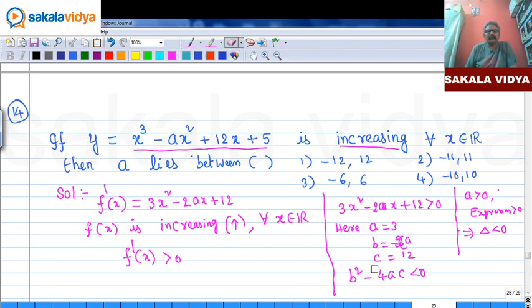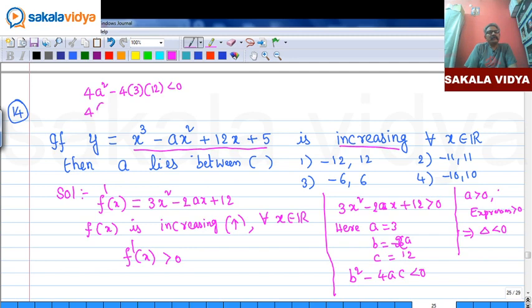Okay. Let us do it here only. What is b square? 36a square. Minus 4 into 3 into c, which is 12, less than 0.